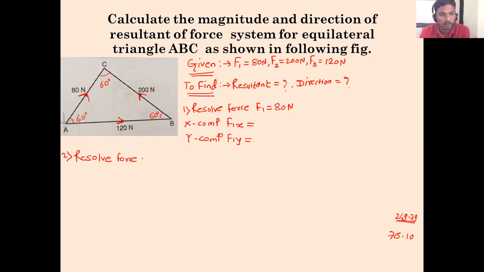So let us solve this problem also quickly, where only three forces are there. Our second force, 200 Newton: X component F2x will come, then Y component F2y will come. Then third, resolve force F3, 120 Newton.